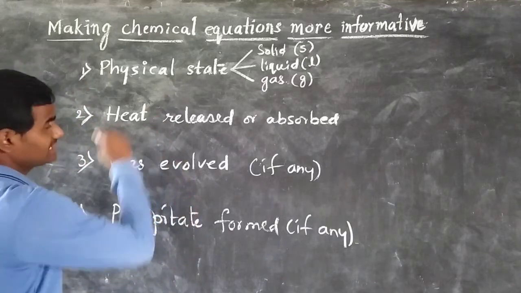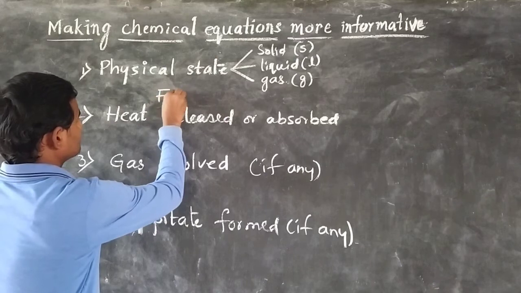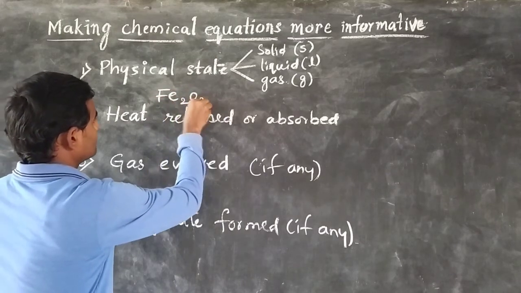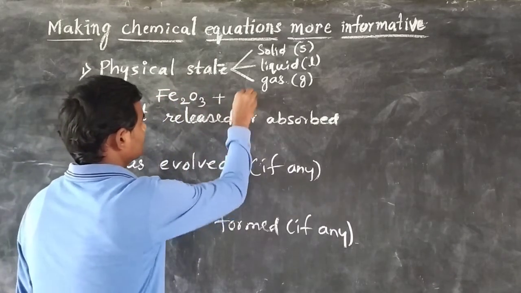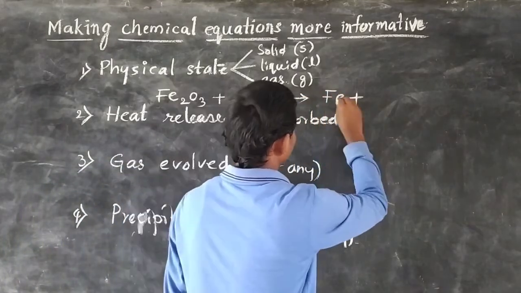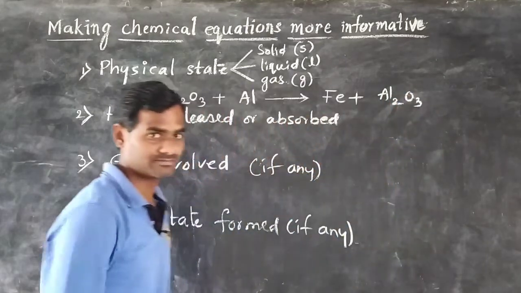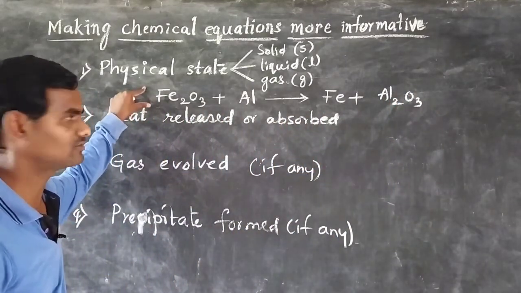We will see one example. When iron oxide reacts with aluminium, it forms iron and aluminium trioxide. This is the equation.